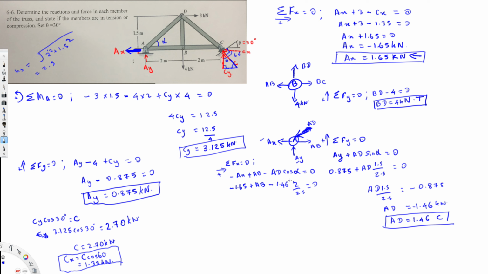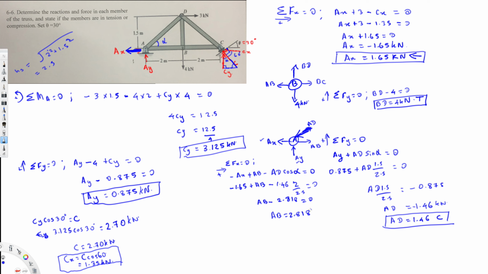So 1.46 times 2 divided by 2.5 plus, right, plus 1.65, which is equal to 2.818. So this total is going to be minus 2.818 equal to 0. So AB comes out to be 2.818 positive.